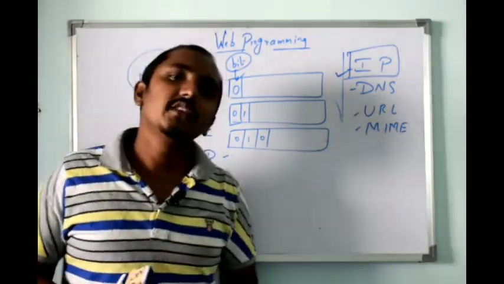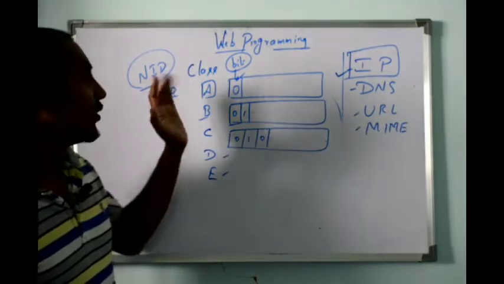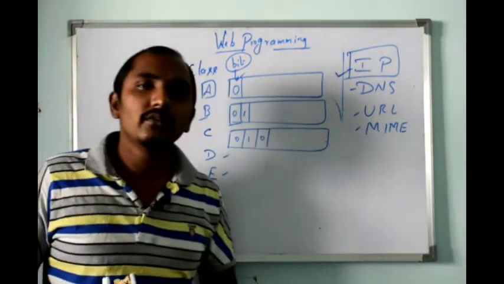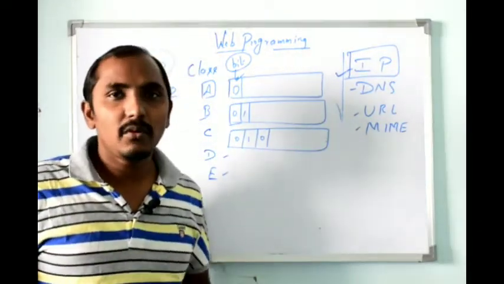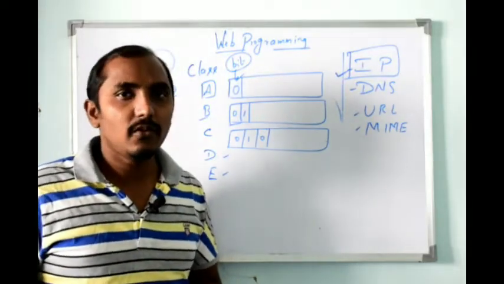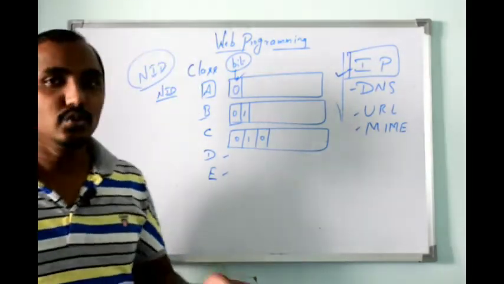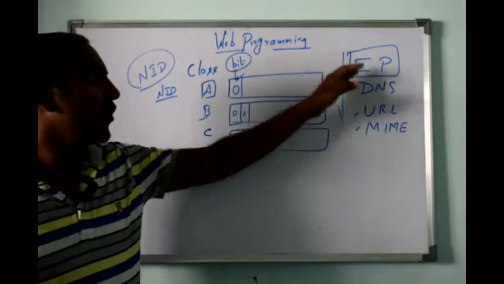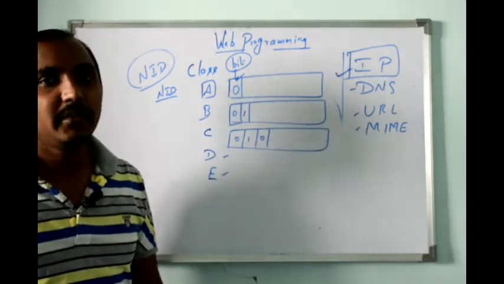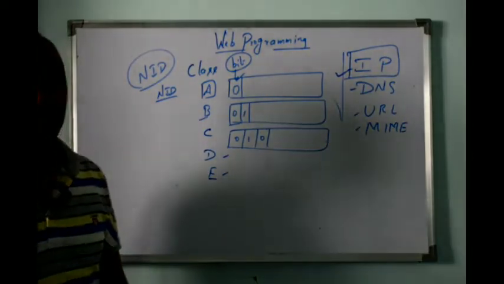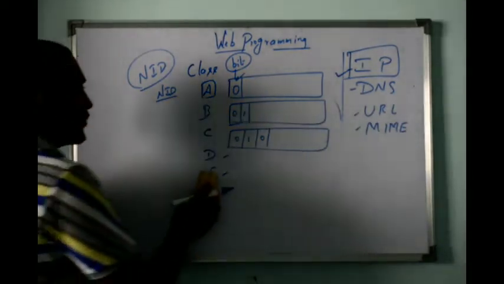In your notes, I'm going to represent in detail what the classes are, how many network IDs can be formed, and how many host IDs can be formed by using an IP address.